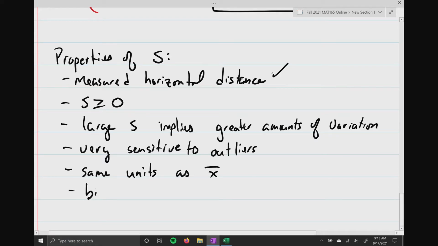And we call this a biased estimator. Once we get into sampling, which I think is in Chapter 6, I will define and show you how we determine if something is a biased or unbiased estimator. Biased is exactly what it implies: it skews the data a little bit. Unbiased estimators do not do that. All right.